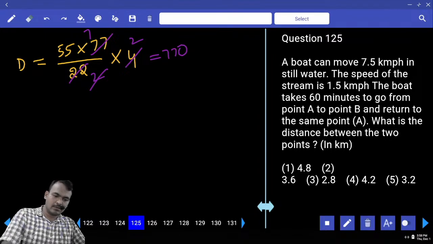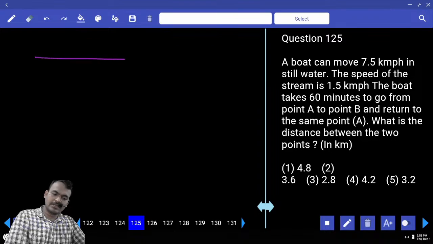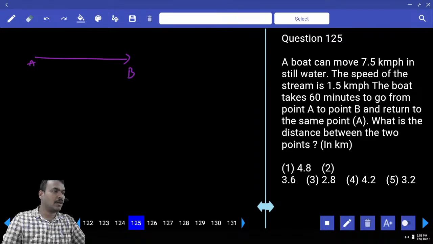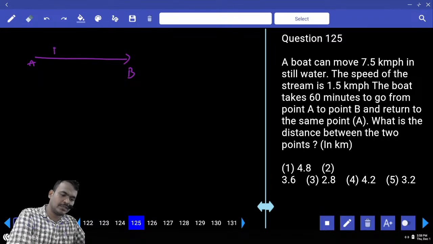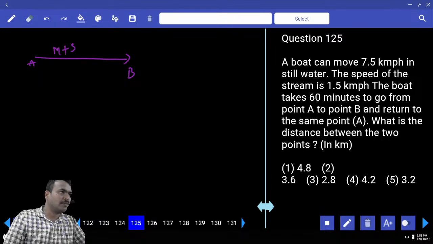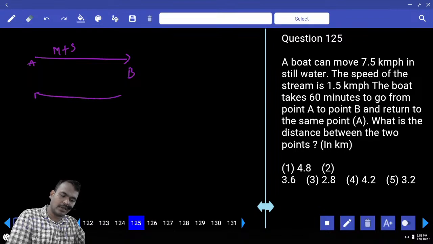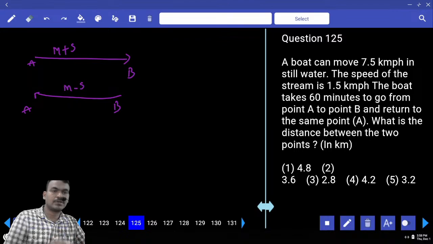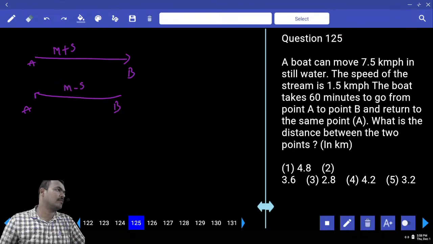First A to B, it is traveling downstream speed or upstream speed? Downstream speed, or not? Downstream speed means m plus s or m minus s? M plus s. But reverse B to A, it will be moving upstream speed or downstream speed? Upstream speed, or not? But in both cases equal distance is covered or different distance? Equal distance.